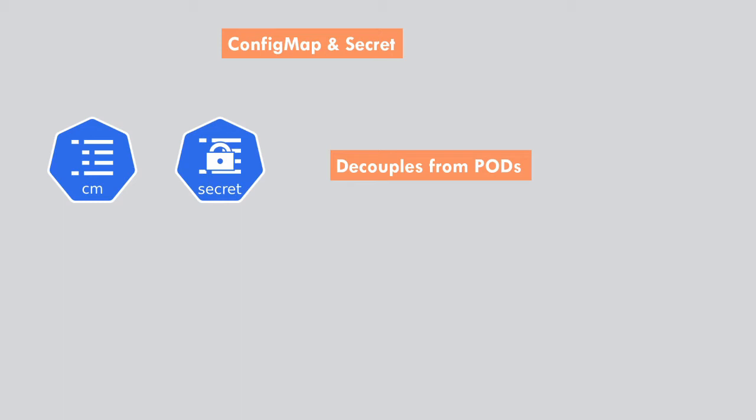Config maps and secrets allow you to decouple environment-specific configuration from your container images so that your applications are easily portable. Config maps and secrets are used to store configuration data in key value pairs.